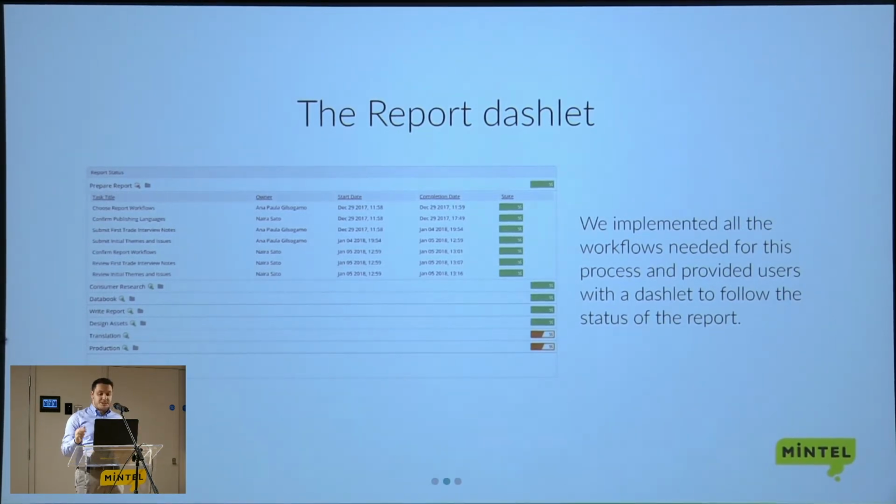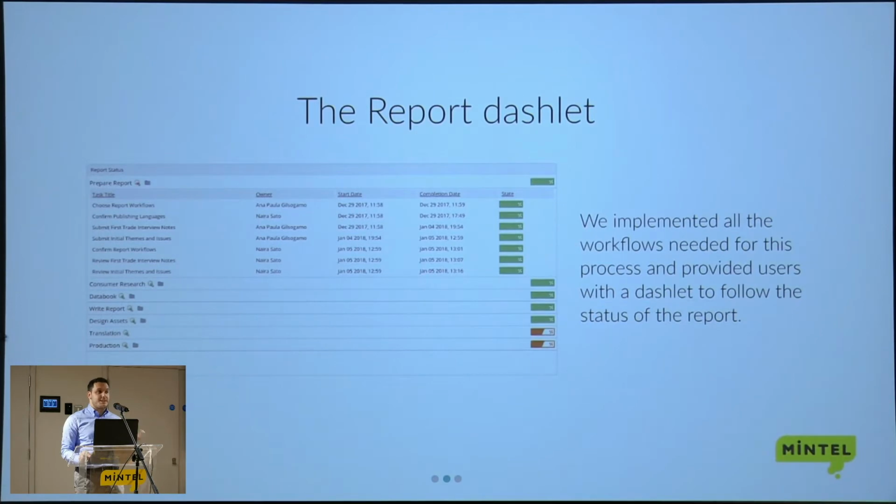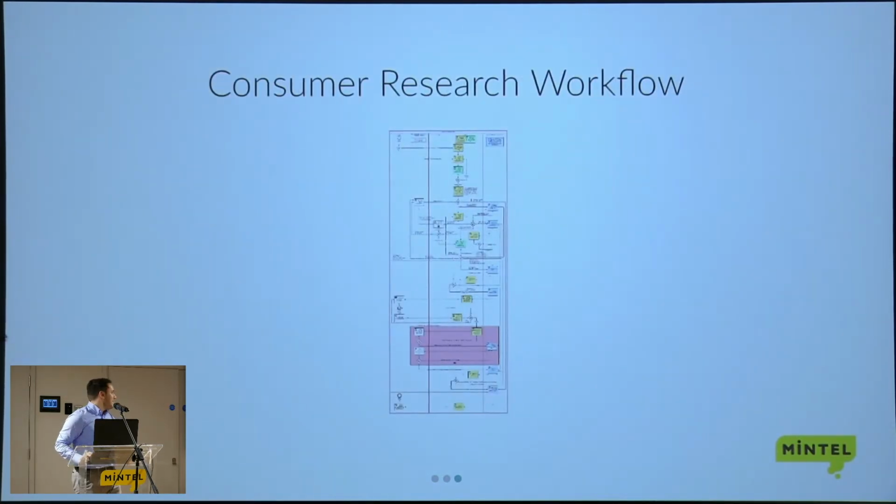And if you open the drop-down, as here, you get a view of the current task of the workflow, who it's assigned to, what needs to be done, and who needs to do that. And just to give a little insight into the kind of workflow that we had, I added a little image of the most complicated workflow that we have, the diagram. This is probably the most complicated workflow that we have in the report.